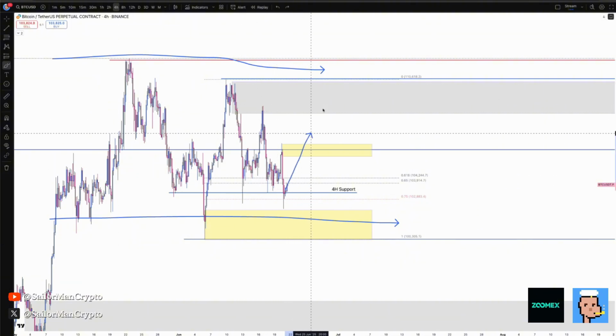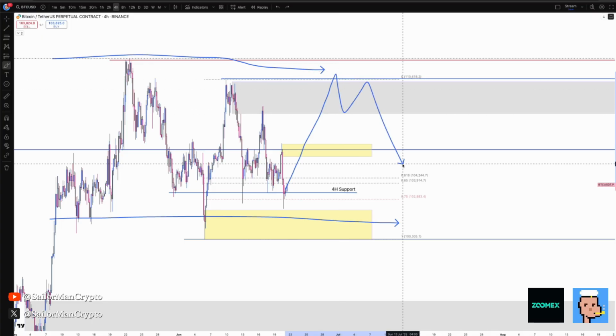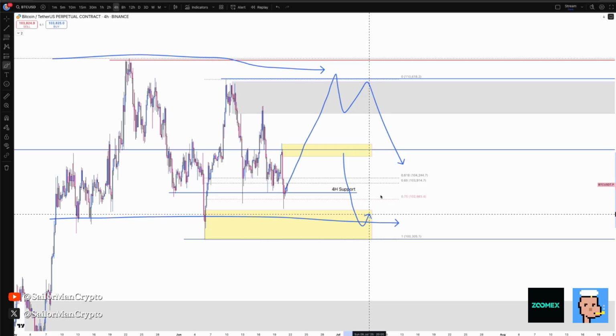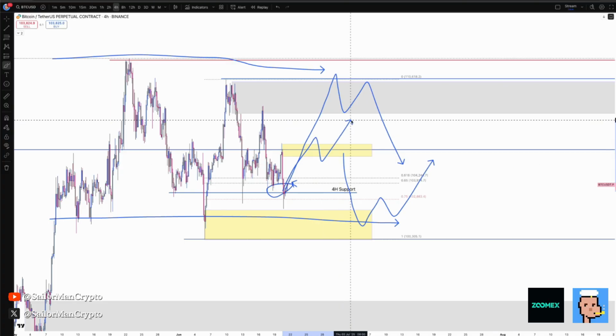So should the price go back here in a bullish structure, you will look for a reversal. And should the price come down here, or as it did here in support, here potentially you can expect the structure break once again.